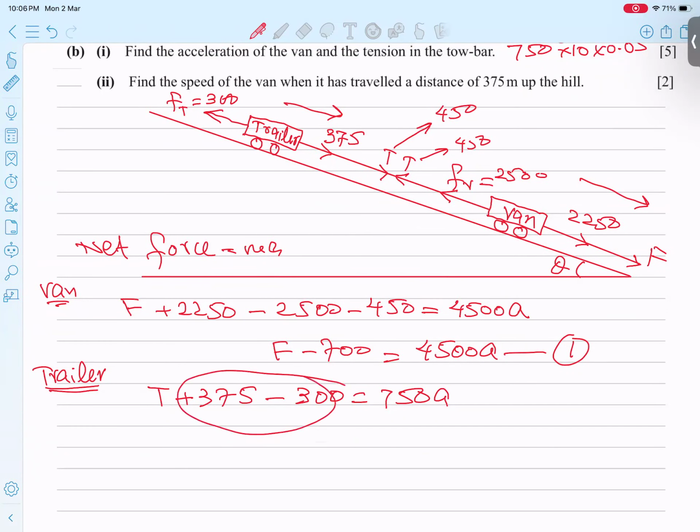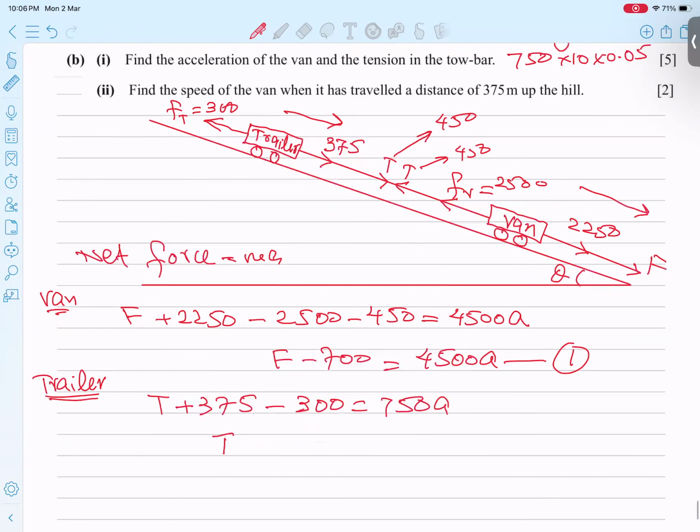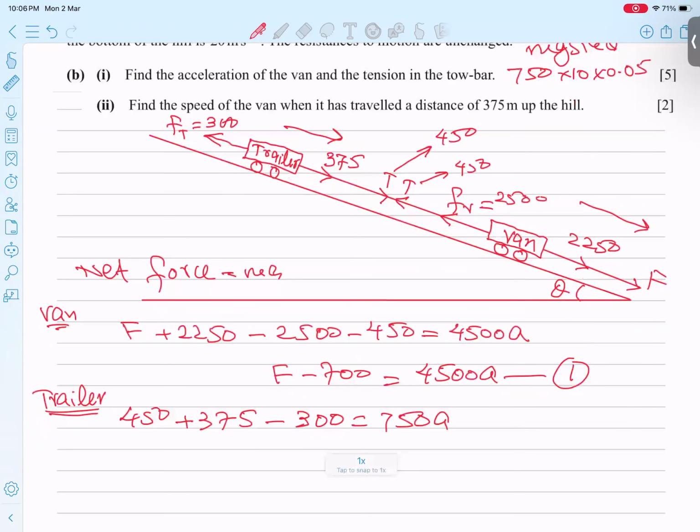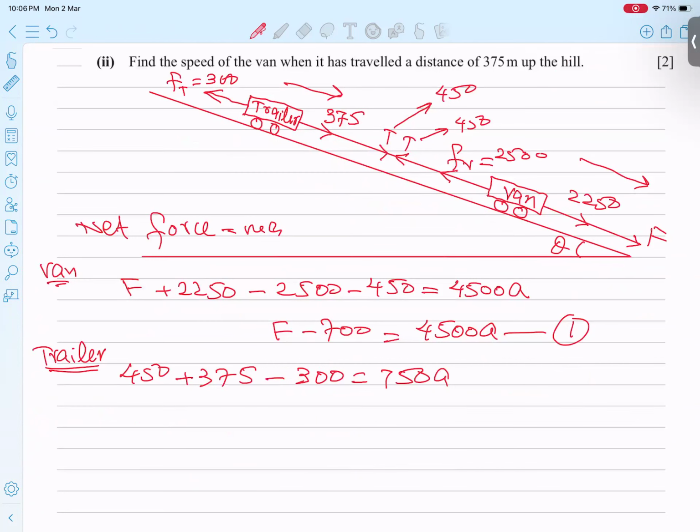If you subtract these two, 375 minus 300, I get 75. The tension is given by him, so I can replace its value, and that is 450. Now I can get acceleration easily: 450 plus 375 minus 300, divided by 750. If you add, subtract and divide, we get the acceleration, which is 0.7 meters per second squared.